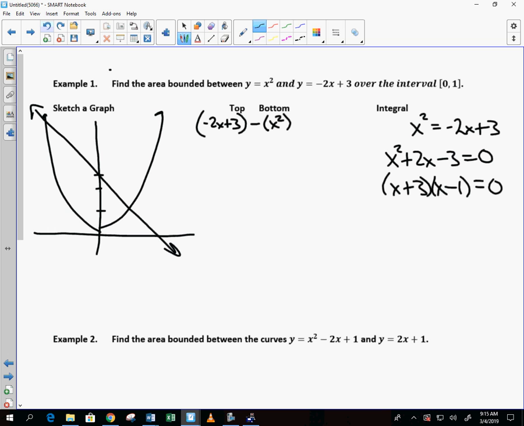What are my solutions? Good. So I have this coordinate right here, which is positive 1, and this coordinate right here, which is negative 3. Suppose you wanted to find the y values. Plug it in. 1 squared is 1, and negative 3 squared is 9. Is everybody okay with that?